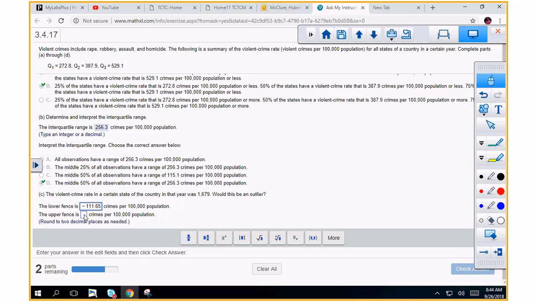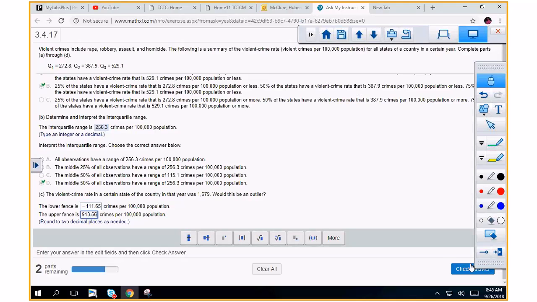Did everybody get that? Yes or no? I just need a yes or no. Okay, we got one yes. All right. What's the upper limit? 913.50. I have a second on that.